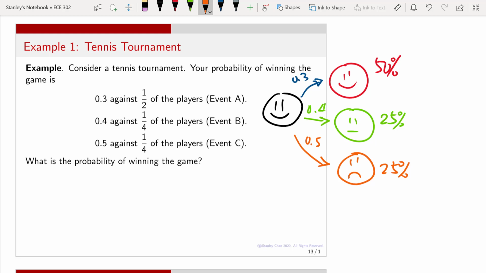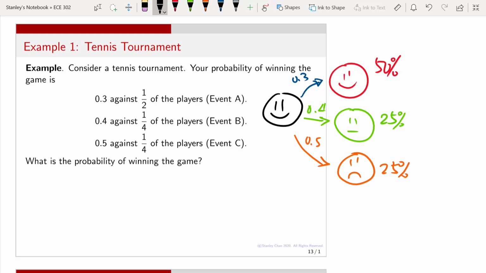Okay, so now we ask, what is the probability of winning the game? Because when you enter the game, you don't know which person you are going to compete against. So there is certain chance that you will compete with A, certain chance competing with B, certain chance competing with C. And if you were selected to compete with A, your chance would be 0.3.